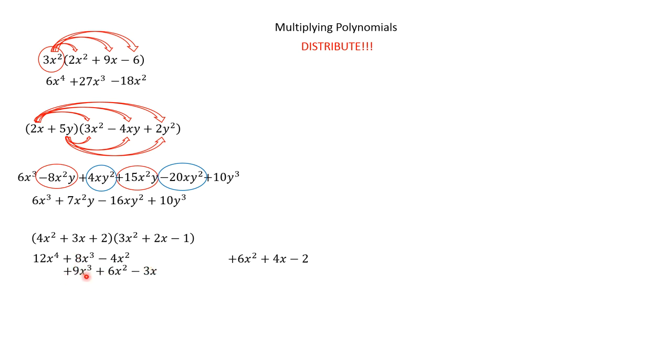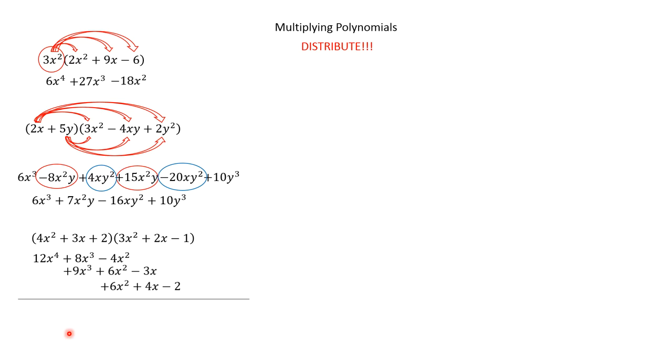So we have x cubes, we have x squareds, then we have our x there that didn't have anything. And we can do the same thing with the product of the 2. We can take it and put it underneath the like terms. And now we can see our x cubes right here. We can see the x squareds. We can see the x's. It makes it really easy to combine our like terms. Again, it's simply organizational, but it makes the problem a lot easier to deal with.